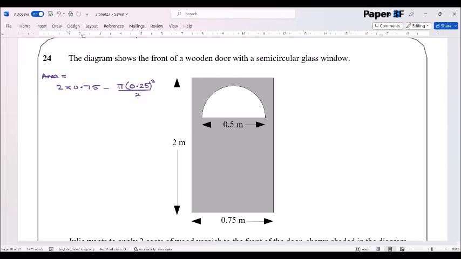So we end up with an answer of 1.402. So the area is 1.402. But we want 2 coats of varnish. So now we're going to do 2 times 1.402. And that's going to give me the actual area that I've got to varnish. That gives me 2.804 meters squared.